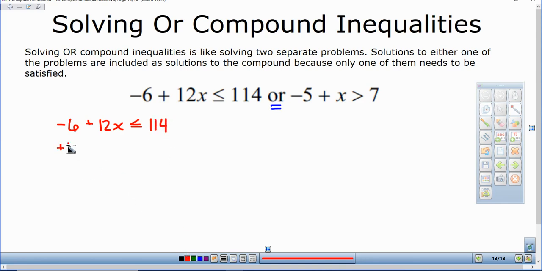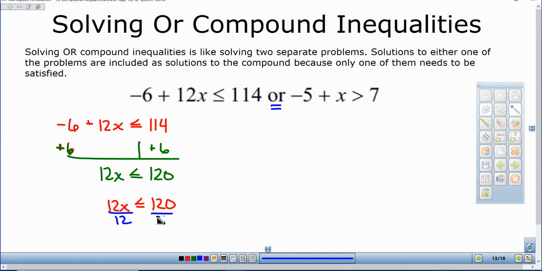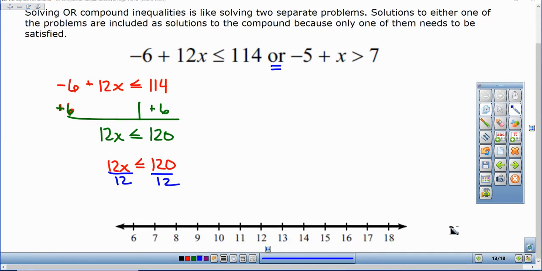I would add 6 to both sides. You're going to get 12x is less than or equal to 120. Then you are going to get x by itself by getting rid of the multiplication using a division of 12. So you end up with x is less than or equal to 10.